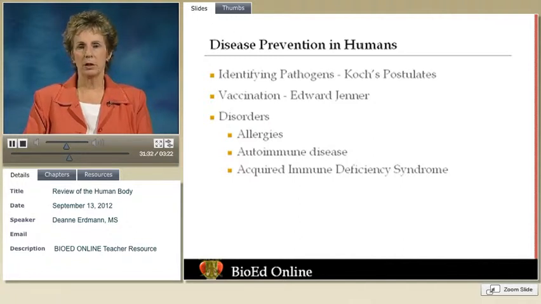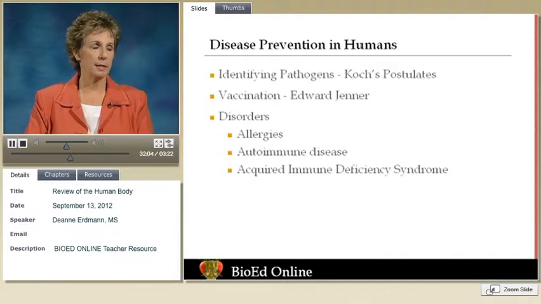And Koch's postulates, which are still a foundation of microbiology today, involve first isolating and identifying a pathogen in an unhealthy organism, but not in a healthy organism. Then isolating it and growing it in the lab, and reintroducing it into a healthy organism and having it cause the same disease, and then re-isolating that and having it be the same organism that you had in the beginning. So there's 4 steps to Koch's postulates.